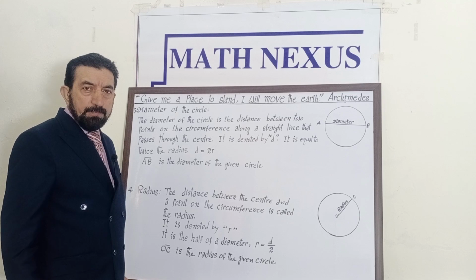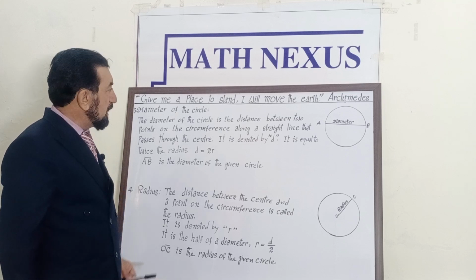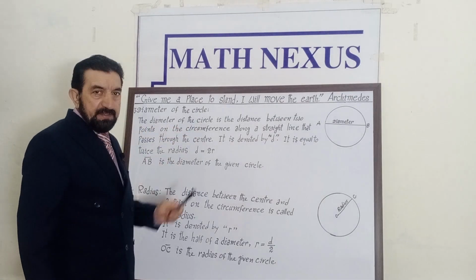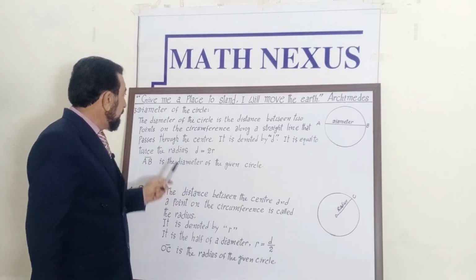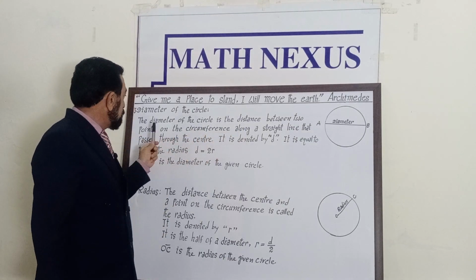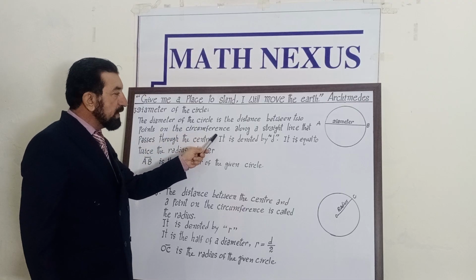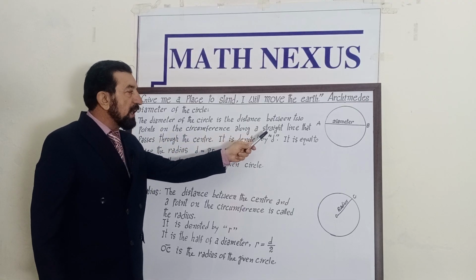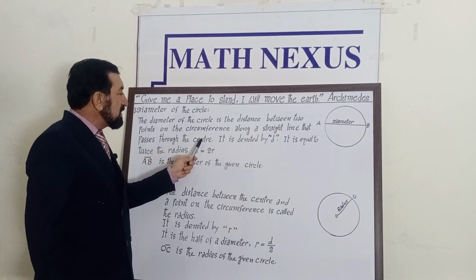In elements of the circle, third is the diameter of the circle. What is diameter? The diameter of the circle is the distance between 2 points on the circumference along a straight line that passes through the center.